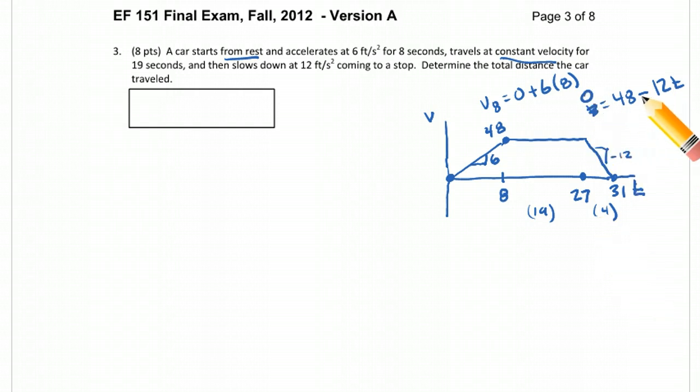Alright, so here I can solve to get delta t equal to 4 seconds, so my total time is 31 seconds.